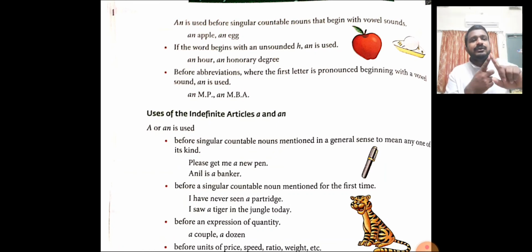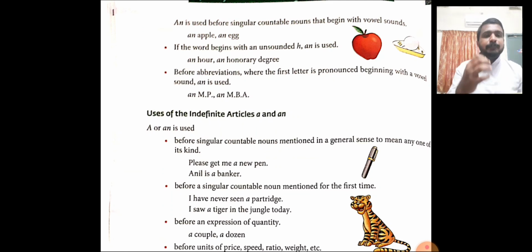Second one is before a singular countable noun mentioned for the first time. Look at the example: I saw a tiger in the jungle today. So when I went to the jungle, for the first time I saw a tiger there. We never say I saw the tiger, but we say I saw a tiger because I am seeing the tiger for the first time.